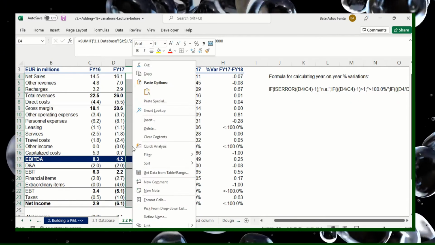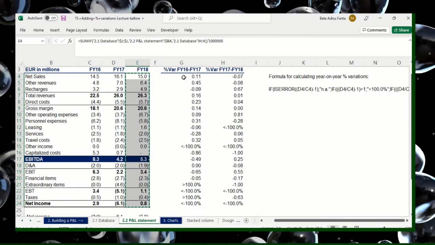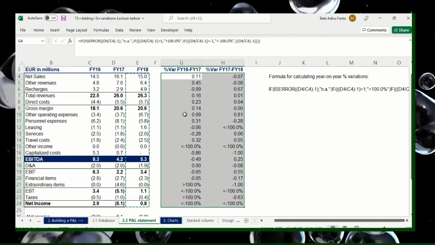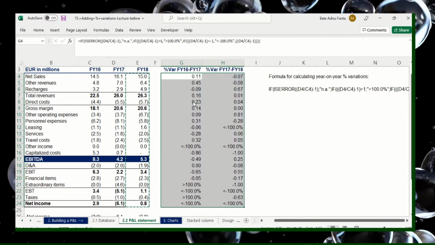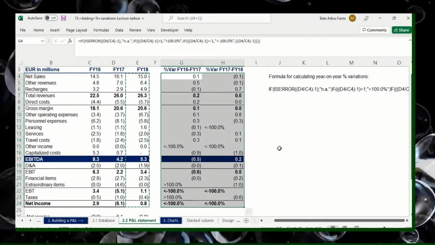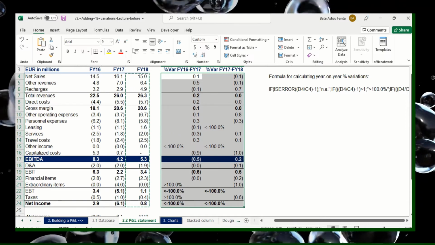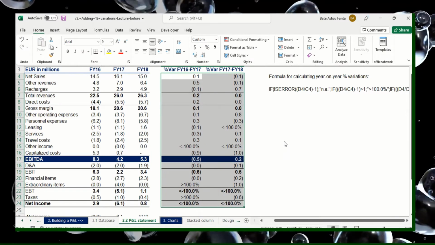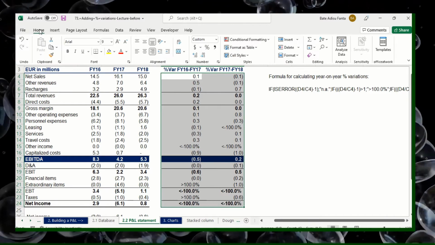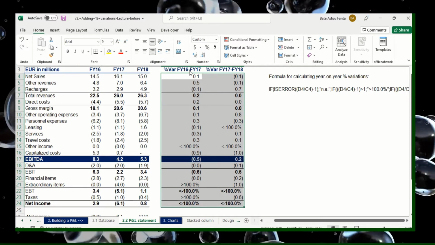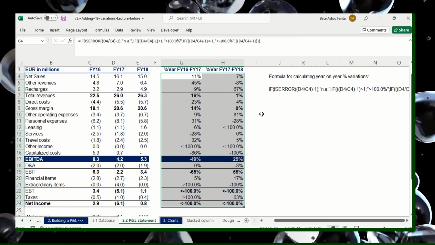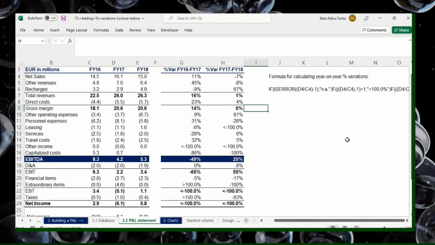I'll be copying only the format so that we can read it properly. Copy special, and I need only format. Here we go. And then I also need to put it in percent because this is a percentage variation we are calculating. So press percentage. Here we go. It looks good.